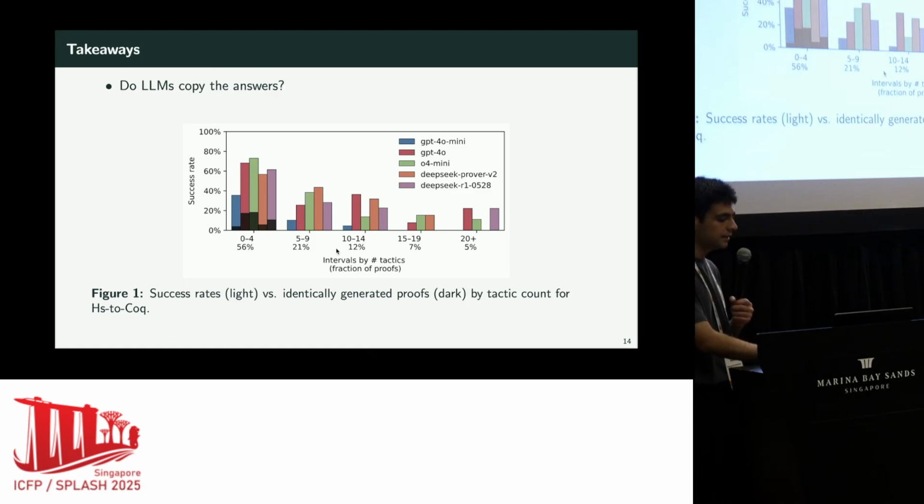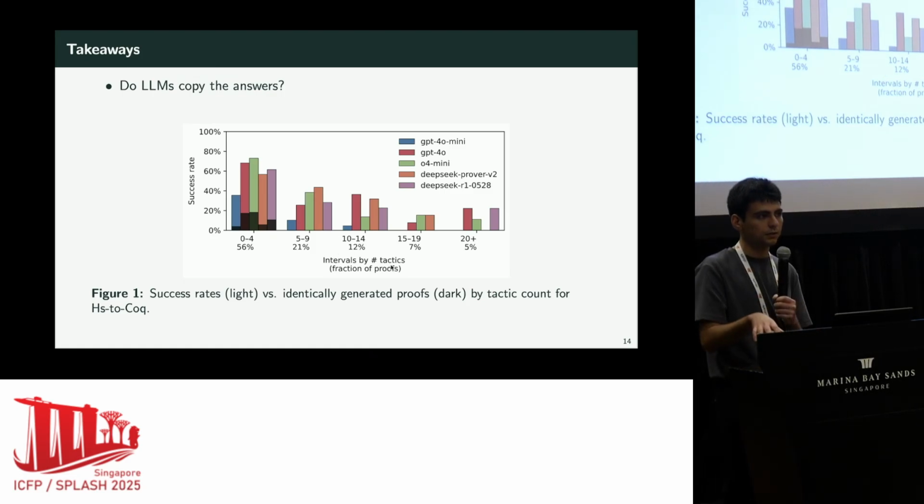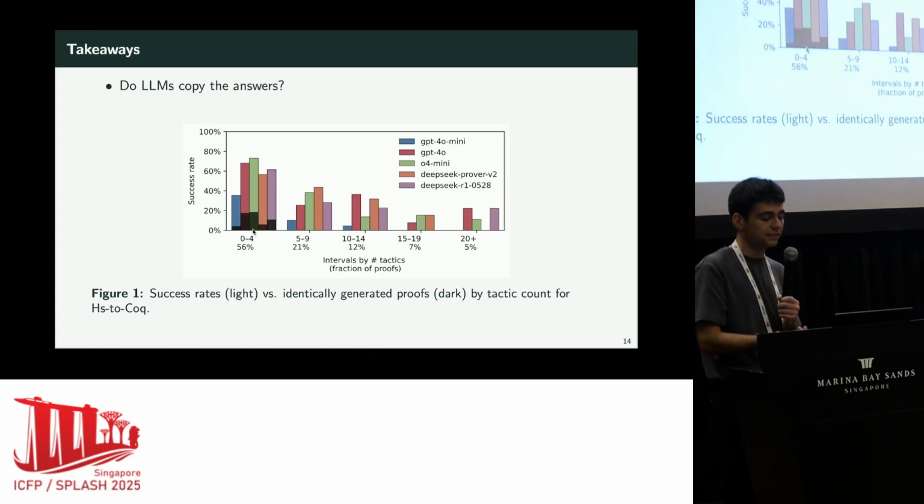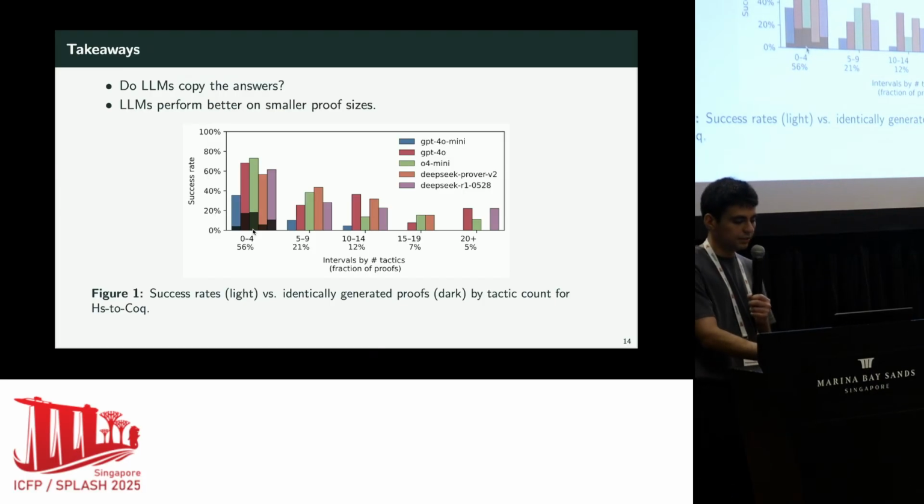And on the x-axis, you can see the interval ranges. So for 0 to 4 tactics, you can see that the LLMs have kind of copied the proof, but it doesn't really mean as much in this case, because with 0 to 4 tactics, you can pretty much have an identical proof by coincidence. And this is for hs-to-coq.